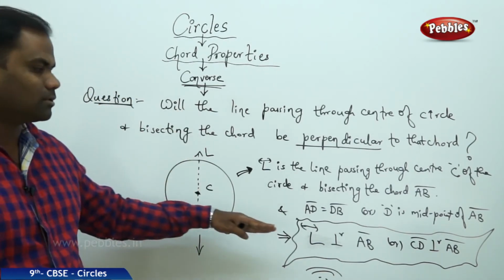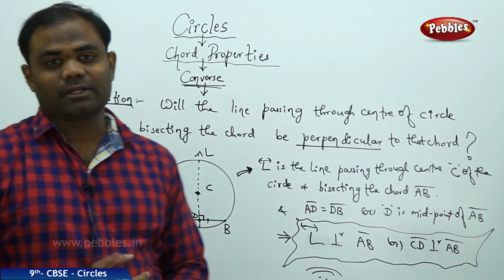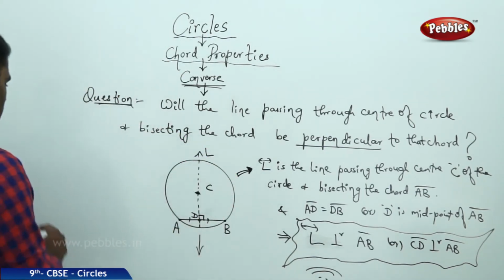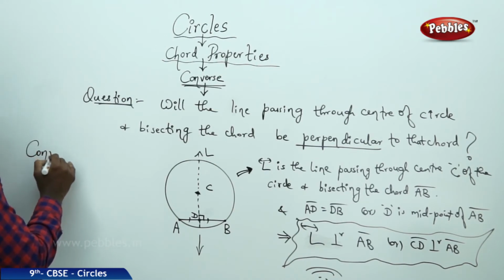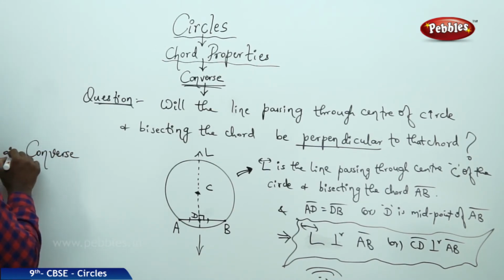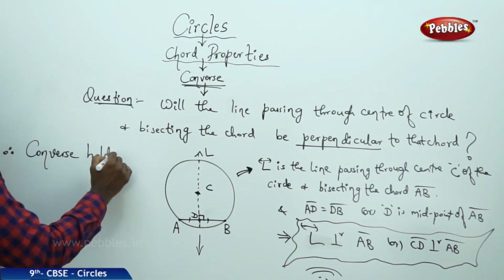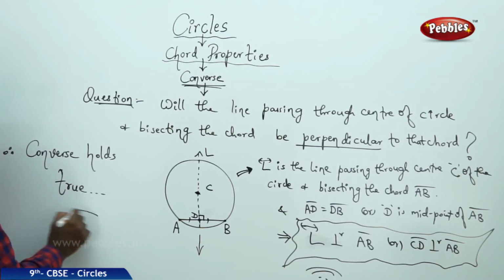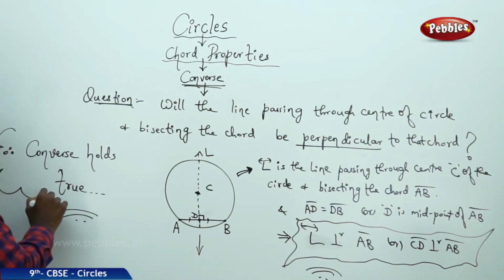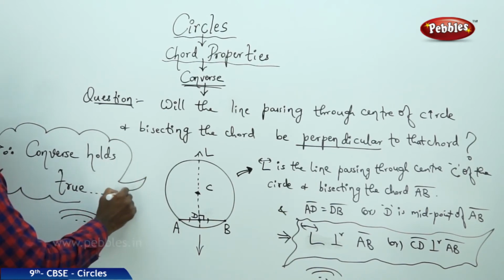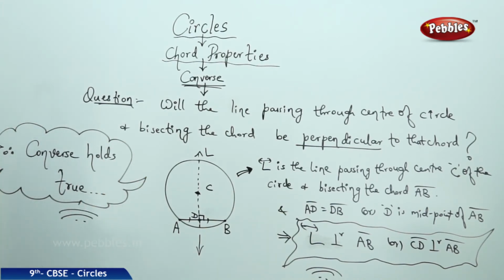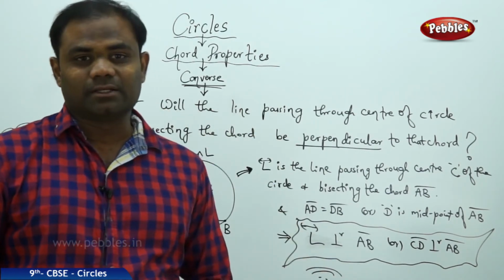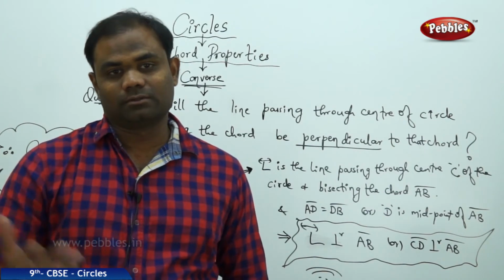Line is perpendicular to the chord is how we understand the properties connecting the circle. So the converse holds true for the property connecting the perpendicular line with the chord passing through the center of the circle.